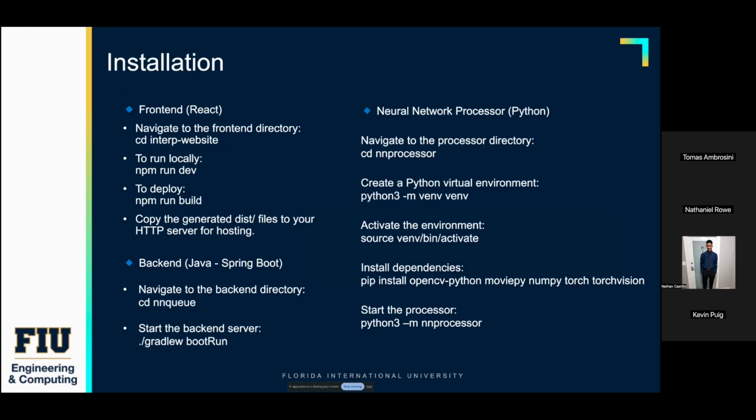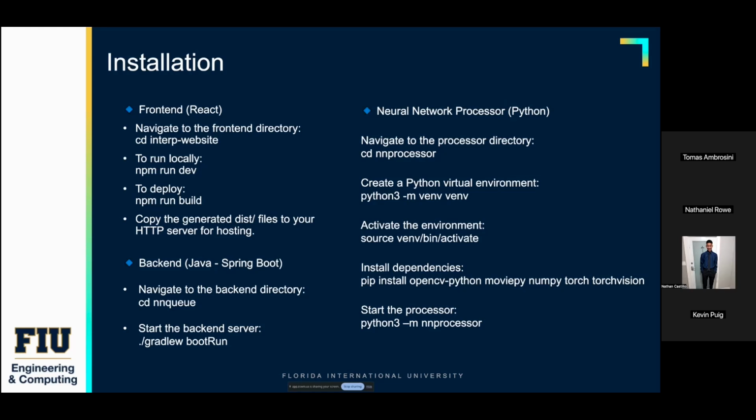To deploy, we'll run npm run build, and then copy the generated files to the HTTP server for hosting. For the backend, we'll first navigate to the backend directory using the command cd backend. And then we start the backend server using the executable file gradlew bootRun.